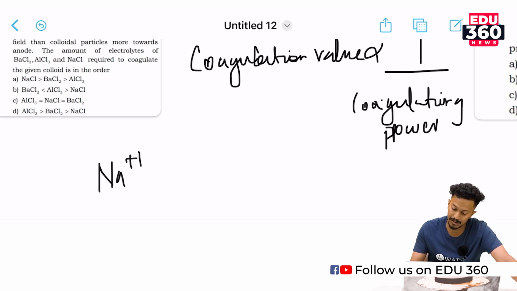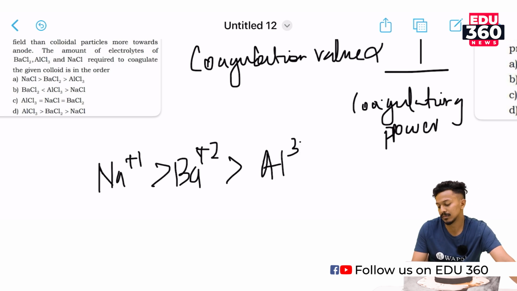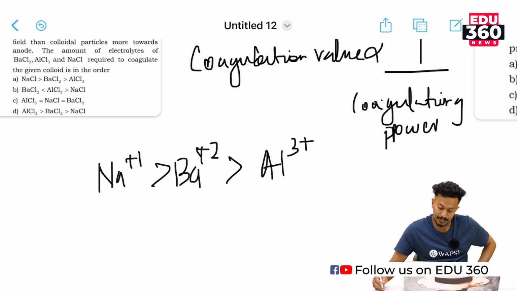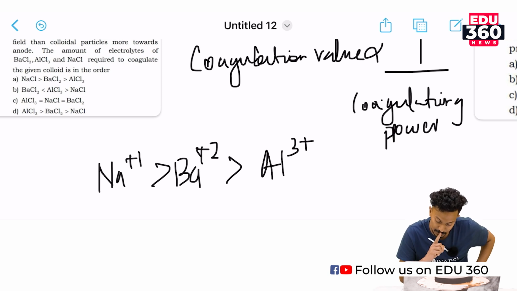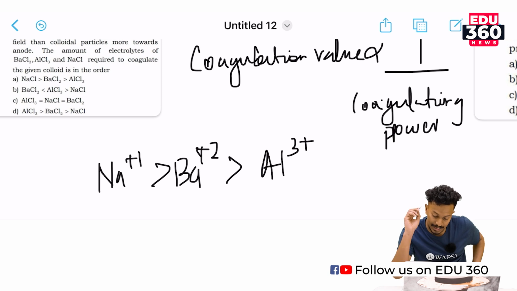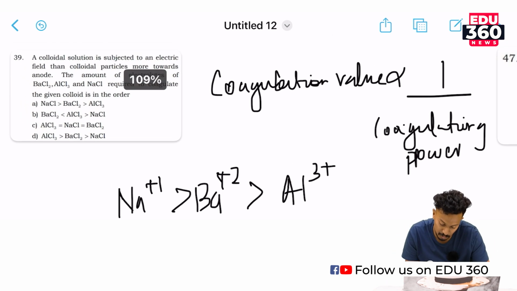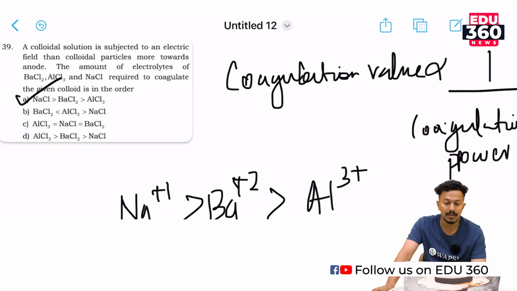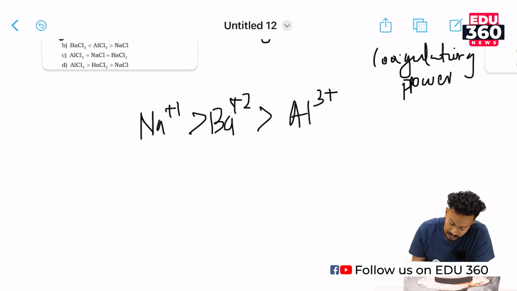NaCl has a +1 charge, then Ba2+ and Al3+ have higher charges. So the correct option would be sodium chloride with the highest coagulation value, then barium, then aluminum. That is option A. Am I right? Yes, that's the right answer. You have to remember that coagulating value is inversely proportional to coagulating power. Moving on to our next question.